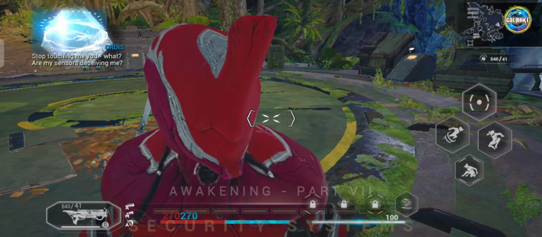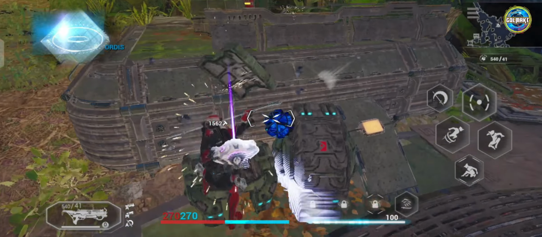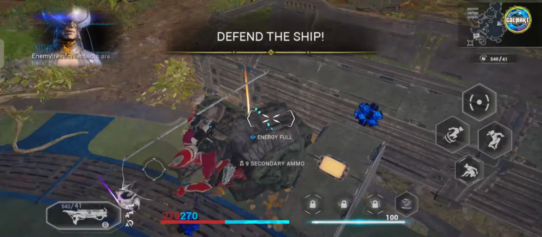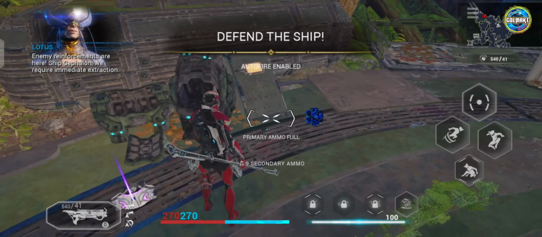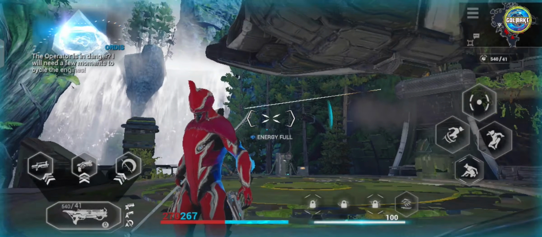Touching me, you... What? Are my senses deceiving me? Operator, is that you? Enemy reinforcements are here. Ship Cephalon, we require immediate extraction. The operator is in danger?